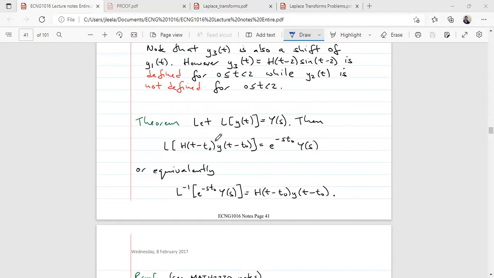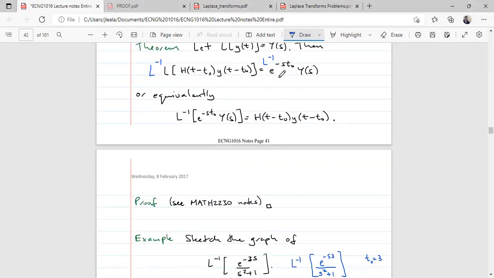Equivalently, this theorem could be written in this form underneath, where you take the L inverse on both sides. The Laplace inverse will cancel the Laplace here, and you'll get the Laplace inverse on the right-hand side, which is this form underneath here.